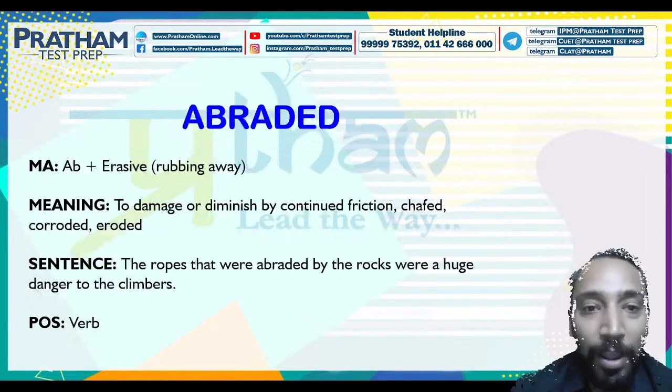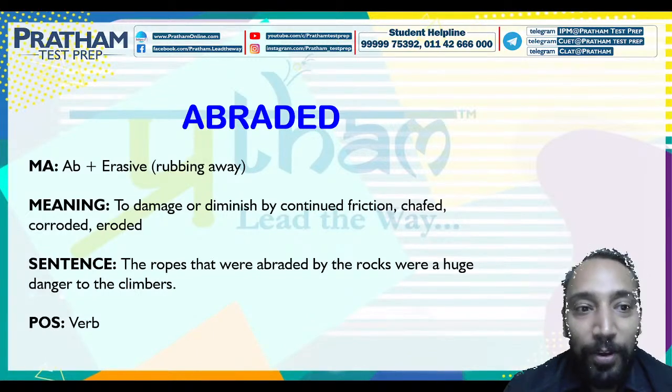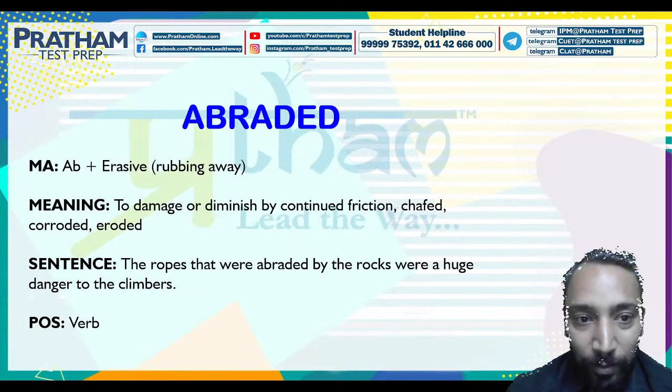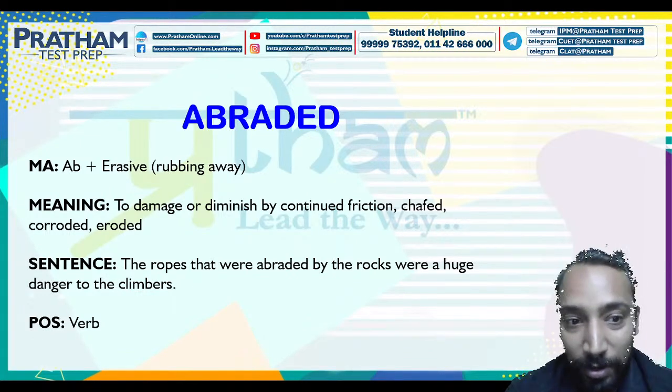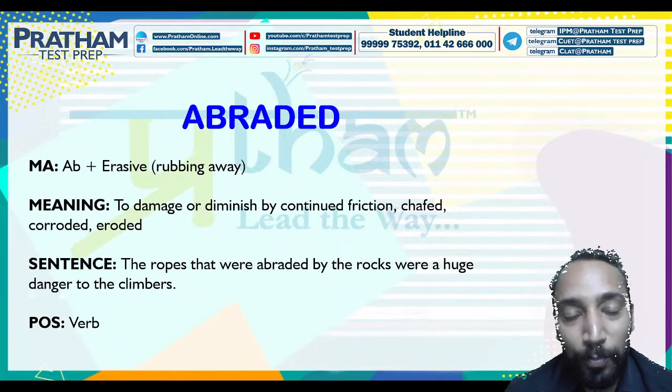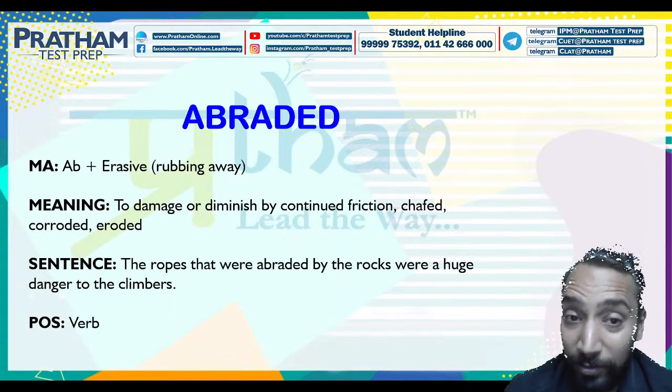Well, abraded. So abrasive, ab plus erasive, that's rubbing away. So what do you mean by abraded? To damage or diminish by continued friction, corroded or eroded. Now this is a verb, remember it.